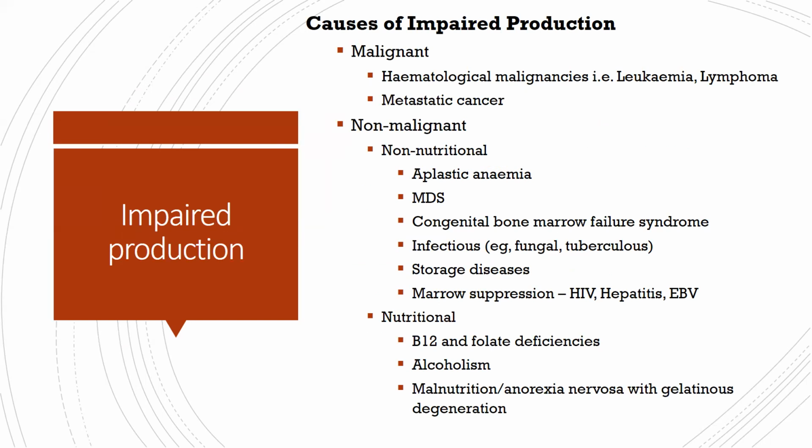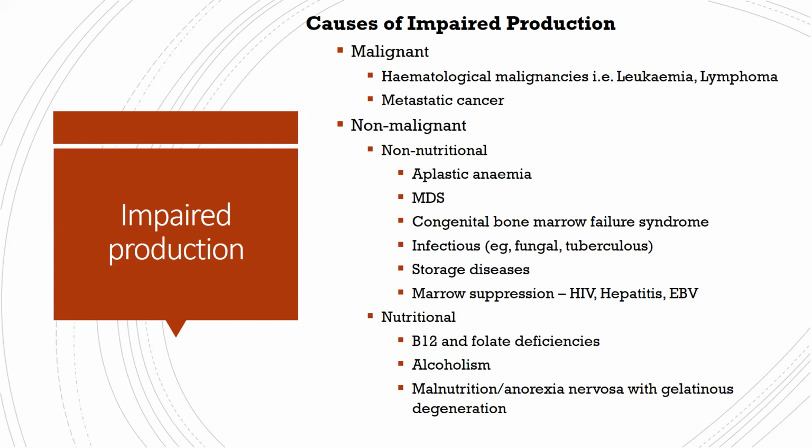And the non-malignant causes might include some non-nutritional like aplastic anemia, MDS, infection, HIV, Hep B, EBV, storage diseases, and congenital bone marrow failure syndrome. And nutritional causes can happen as well. So the B12 folate deficiencies, alcoholism, or any malnutrition can actually cause a pancytopenia.